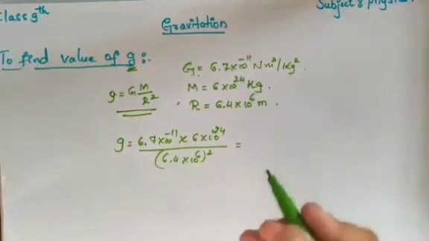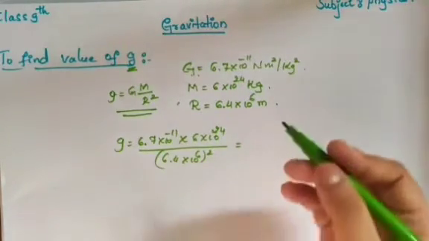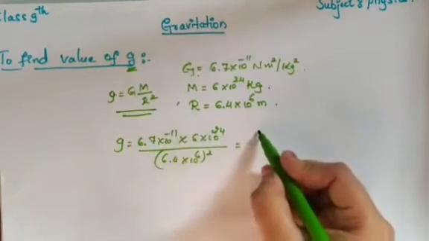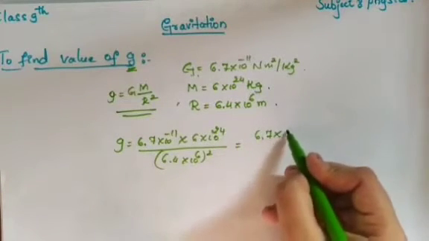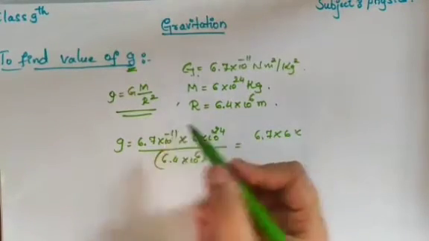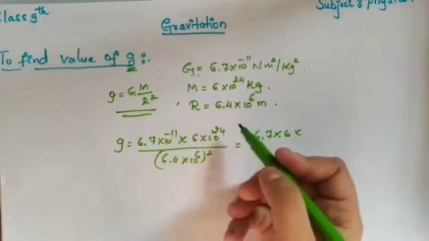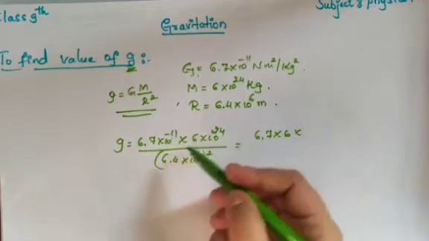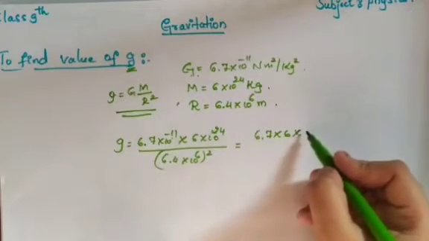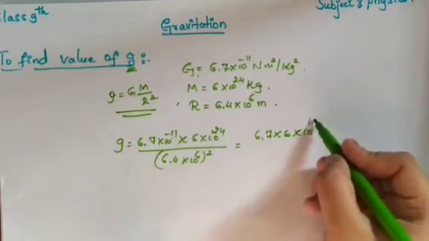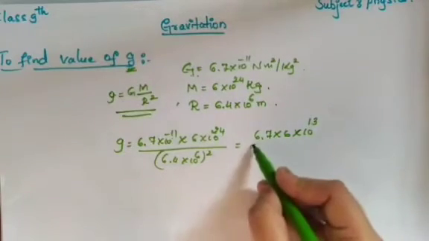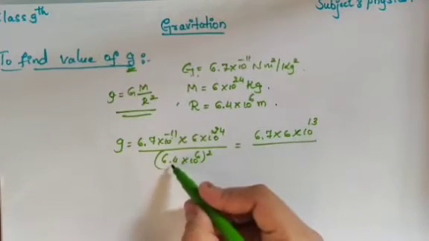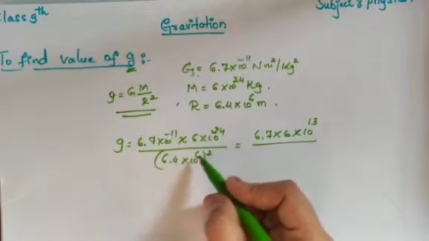Use the same method as in the problems we solved. 10 to the power minus 11 into 10 to the power 24: a power m into a power n means m plus n, so minus 11 plus 24 gives 10 to the power 13, divided by 6.4 into 10 to the power 6 whole square.